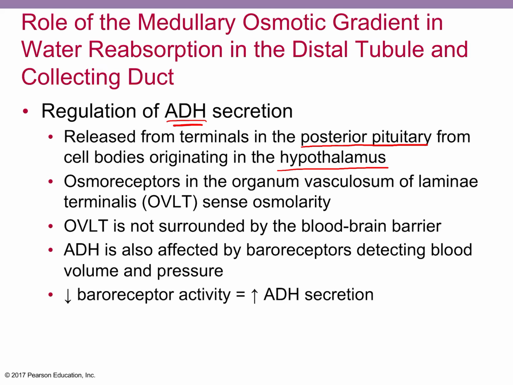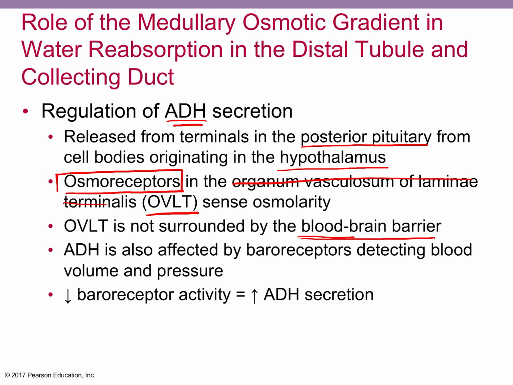The part of the hypothalamus that's sensitive to osmolarity is going to be called OVLT. You don't need to memorize that full name of it, but you want to know that osmoreceptors are in our hypothalamus. They can detect the osmolarity, right, the solute concentration of the interstitial fluid. This is because it's not surrounded by the blood-brain barrier.